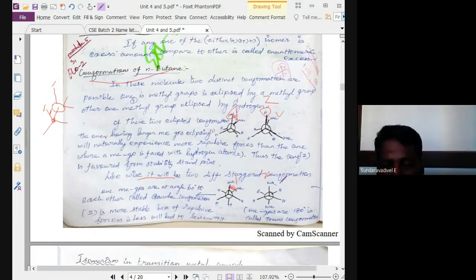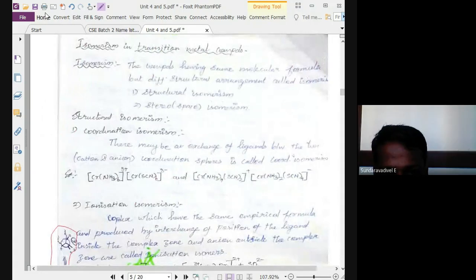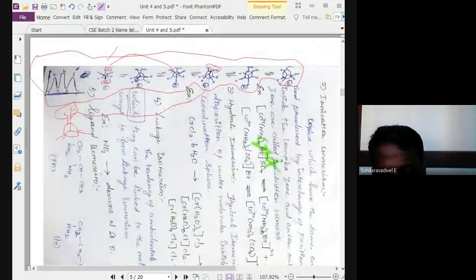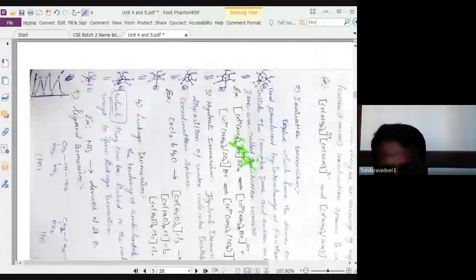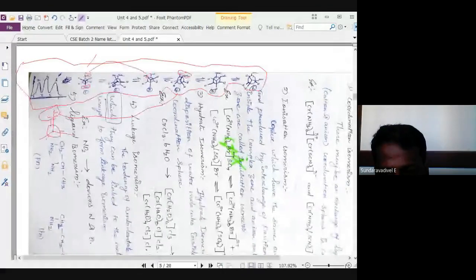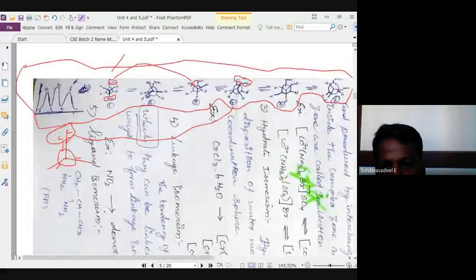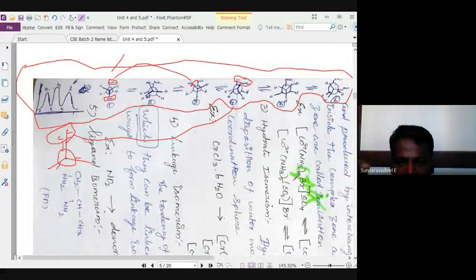Any doubt? First you have to draw the structures of n-butane. What are the possibilities? I told you six structures are there. First you have to draw those six structures. Then we will discuss the ones I marked in red color inside the circle, which you have to draw in your notebook.